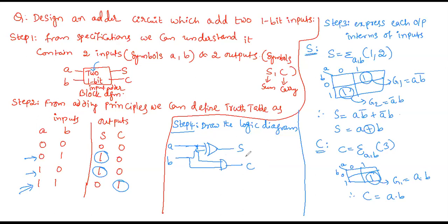This is C. C is equal to A into B. Now, this is the block box internal diagram. It is having one XOR gate and one AND gate.